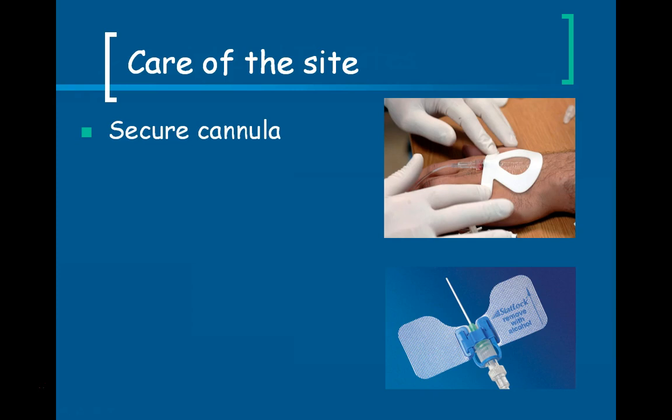And there's different devices to do that. In this picture, the one on the top, the dressing actually has a foam frame around it that helps secure it. The one on the bottom is a type of securing device that we see up in our neighborhood. It's called a Statlock, and we will show you those in the lab.